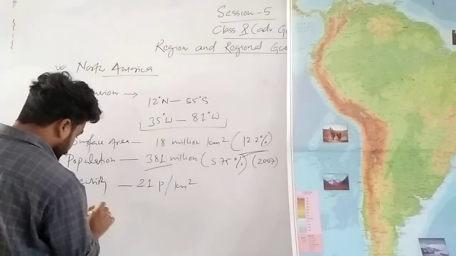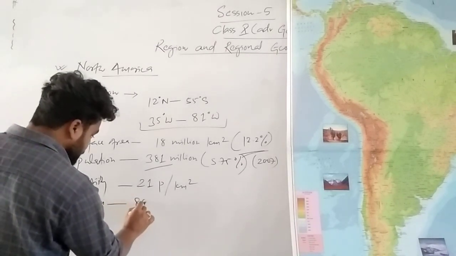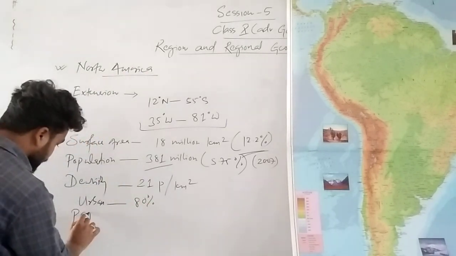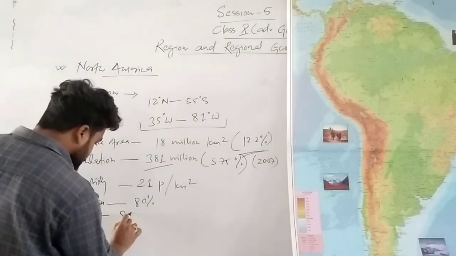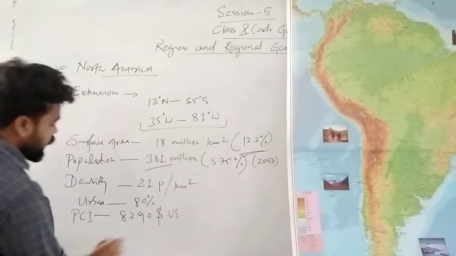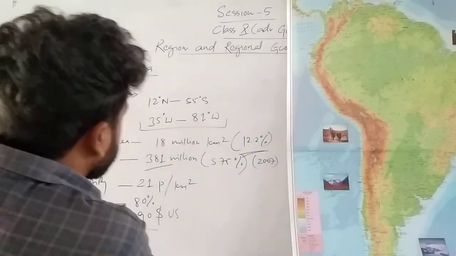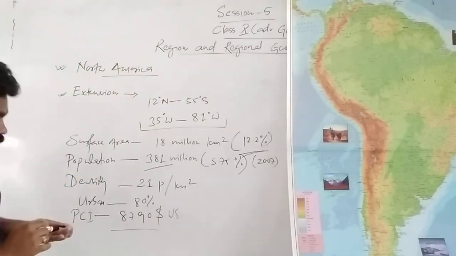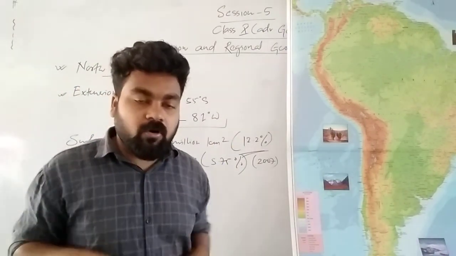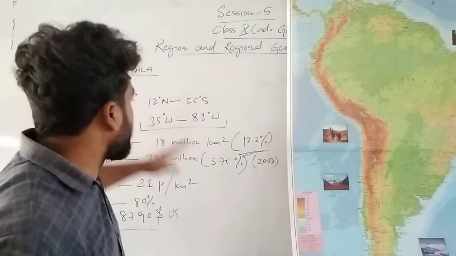Then in urban areas, generally 80% of the population lives in the urban area, and along with this the per capita income is $8790. Actually this is just data, and we have to remember it, because when the question comes to write a brief description about the continent, we have to write these things first.